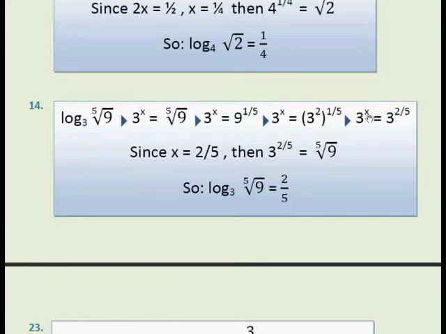Well, if 3 to the x is equal to 3 to the 2/5, that means x must be equal to 2/5. So then you know that 3 raised to the 2/5 is equal to the 5th root of 9. In logarithmic form, we write log base 3 of the 5th root of 9 is equal to 2/5.